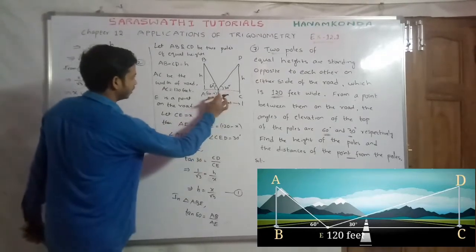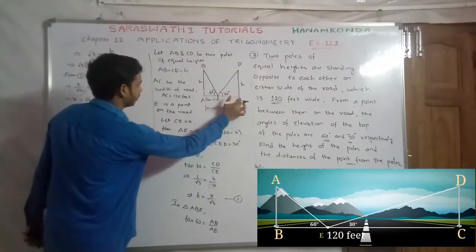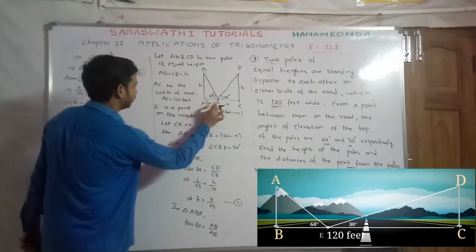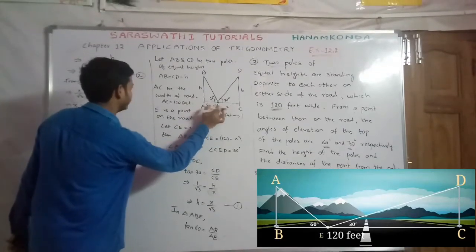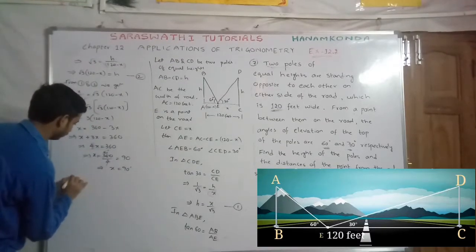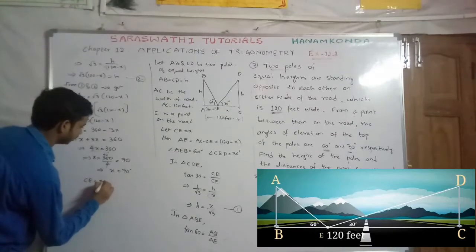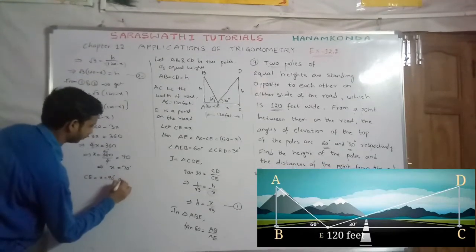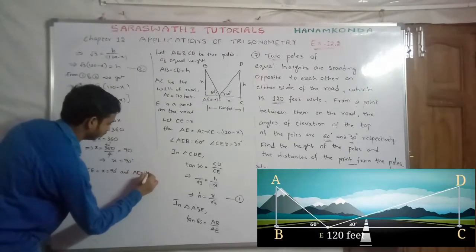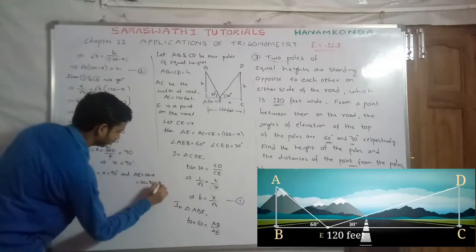That means this point E is 90 feet distance from the point C, and from point A it is 120 minus 90, that means 30 feet distance. So therefore CE equals X equals 90 and AE equals 120 minus X, that means 120 minus 90 equals 30.